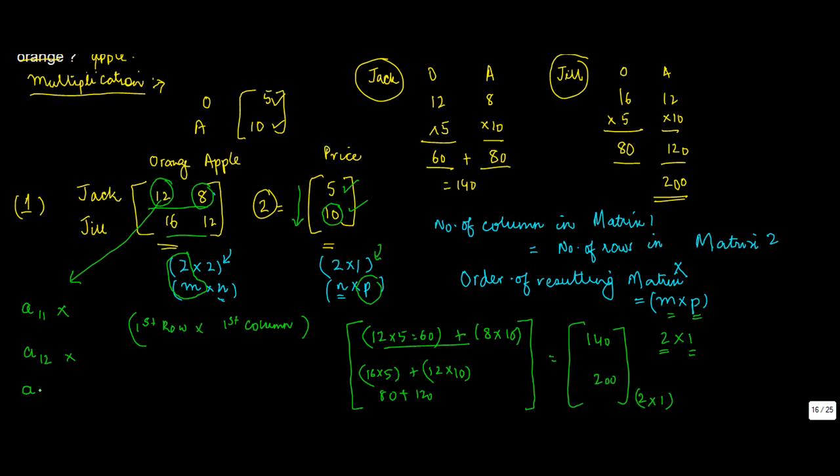Again, for 16, which is A21, which element do I multiply it with? For 12, which is A22, which element do I multiply it with? So normally, the way you move is: take the first element of this and the first of this, then the second of this and the second of this. Because the number of columns in this and the rows in this are equal, you need to put in addition sums in between.